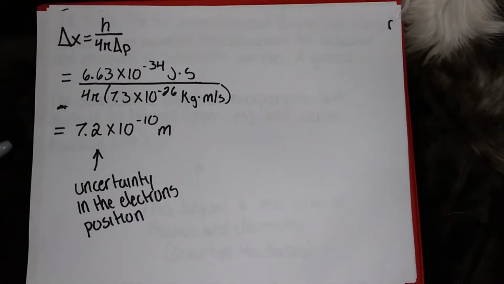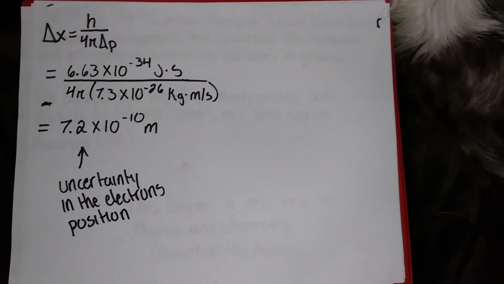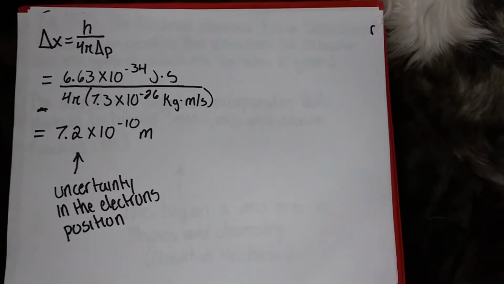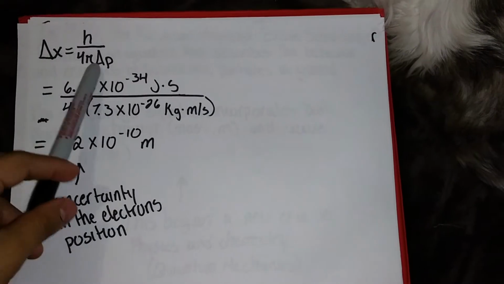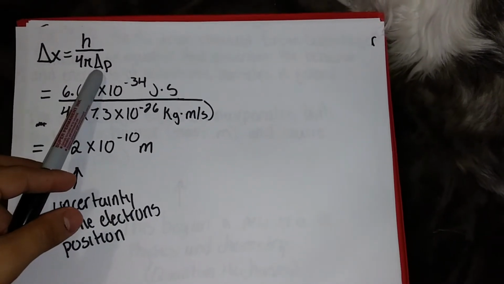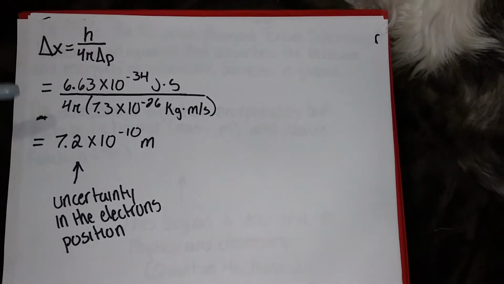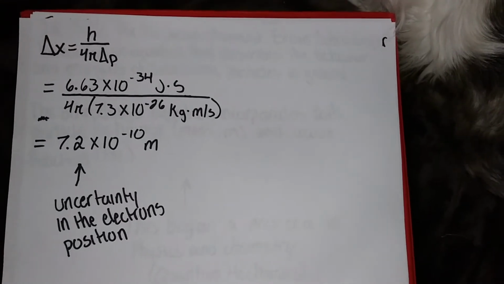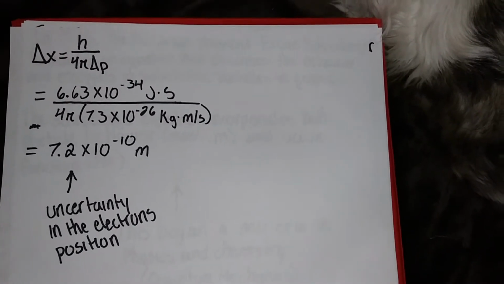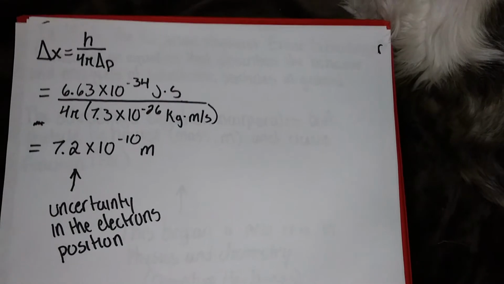Now to calculate the uncertainty in the electron's position, all we have to do is put this number into the uncertainty in the electron's momentum. Now we have h divided by 4 pi times delta p.